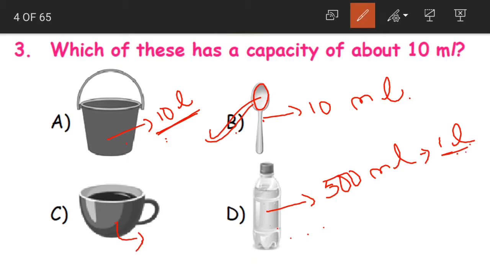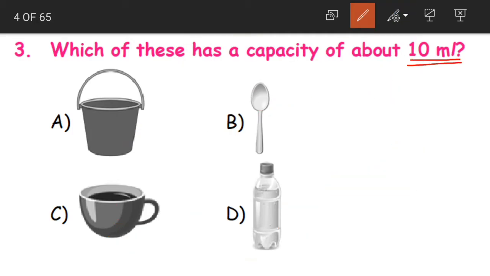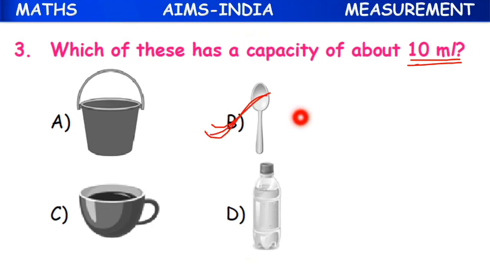Now again, when it comes to the cup here, a coffee cup, it can have, I think, around 100 ml of coffee. If you are talking about a big coffee mug, it can have around 100 ml of coffee. So 10 ml means a very small quantity, children. So from the given options, option B, spoon has the capacity of about 10 milliliters.